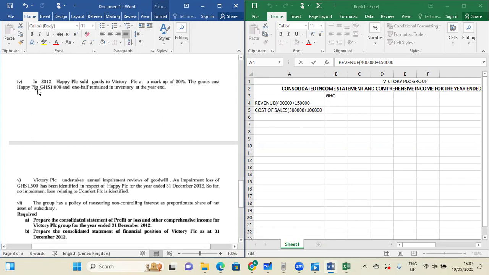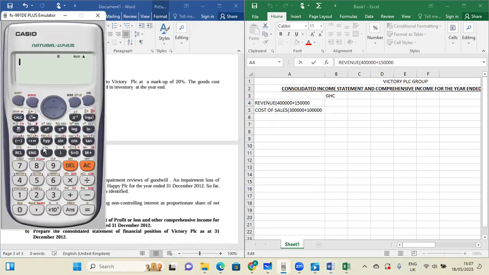Since they sold it at 1,000 with a markup of 20%, all we need to do is 120% times 1,000, which is 1,200. So we are going to subtract it here.